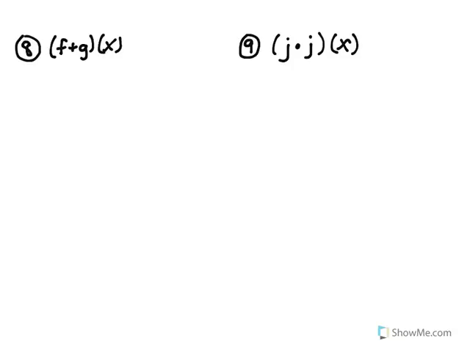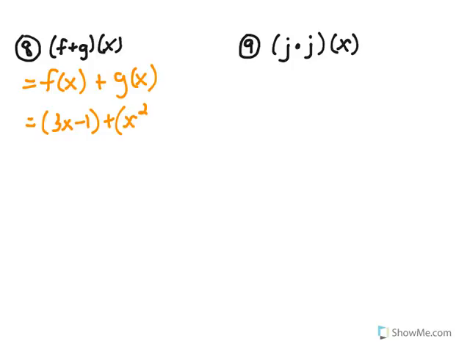F of x was 3x minus 1. And g of x was x squared minus 1.